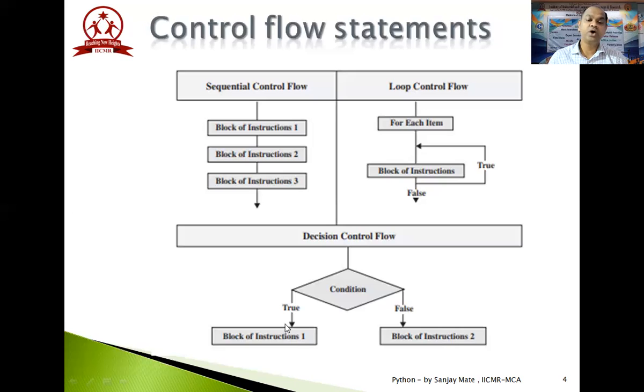In this case, you are skipping one block or statements depending upon your condition. The third type is loop control flow. In this, you are executing certain blocks or certain statements again and again until your condition is not satisfied. So these are the three types of control flow statements.